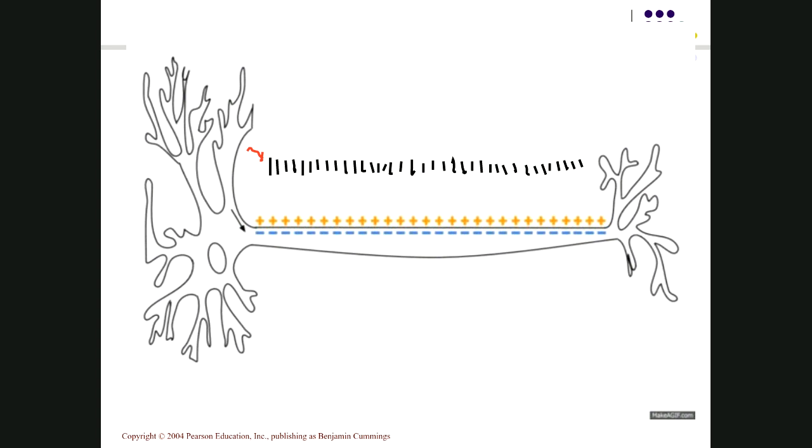But think about this domino. If I were to just bump it very, very gently, it would probably just shake and go right back to where it was. And if I bump it a little bit harder, it might shake a little harder, but it's going to go right back to where it was. But if I hit it just hard enough, instead of it shaking, it's going to fall over.